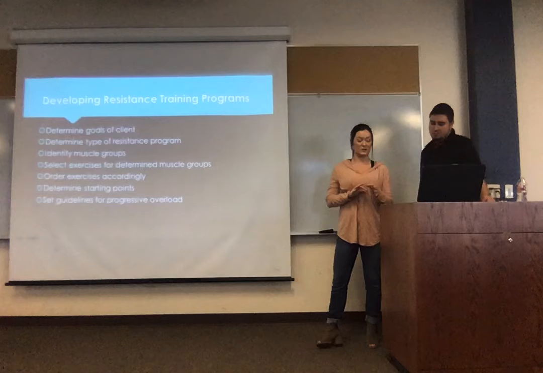Next is the principle of diminishing returns, which is that the rate of improvement slows and eventually plateaus as the client progresses through the program, so you need to change things up so they don't hit that plateau and not see any gains.